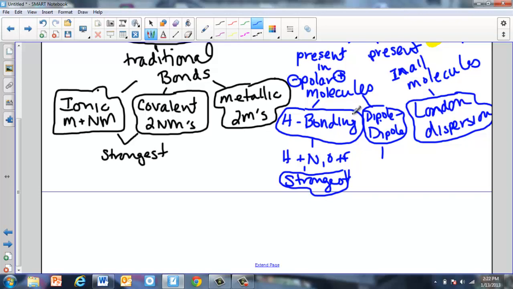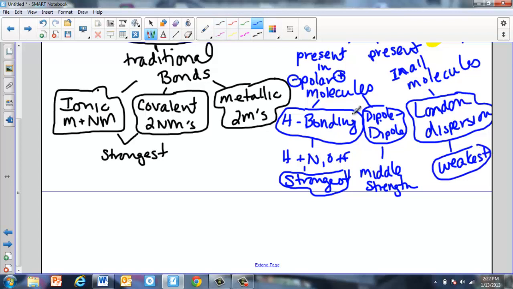Okay, dipole-dipole is going to be, I'm just going to say middle strength, because if hydrogen bonding is the strongest, London dispersion is going to be the weakest. And then dipole-dipole is going to be right smack in the middle.